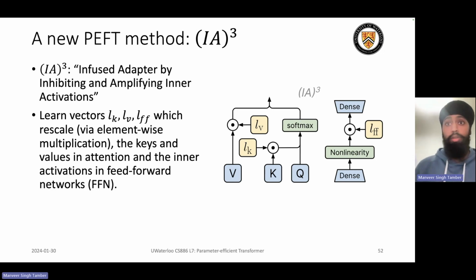Right. So here we have the attention mechanism, and the values are rescaled using l_v, the keys are rescaled using l_k, and then in the feed-forward network, after the dense layer and the nonlinearity, there's l sub ff, which rescales whatever is output from there. That's going into the next dense layer.